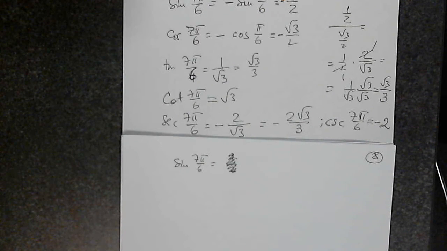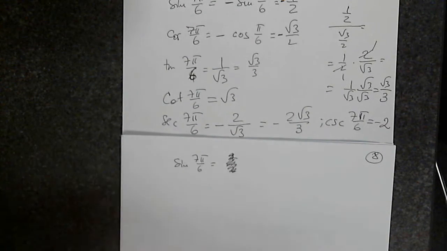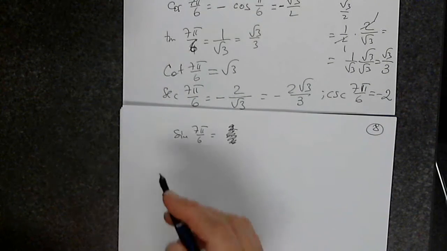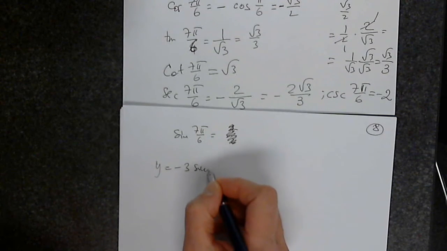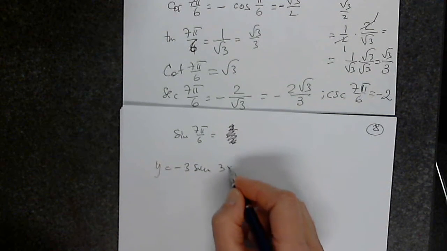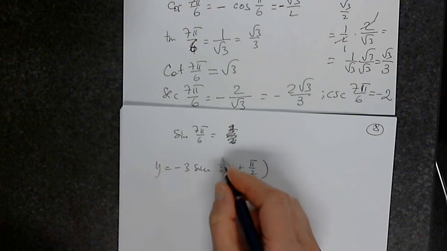The amplitude, phase shift, and period? Yes, of course. So remember, amplitude is only for sine and cosine. So we have y equals -3 sine of (3x plus pi over 2).